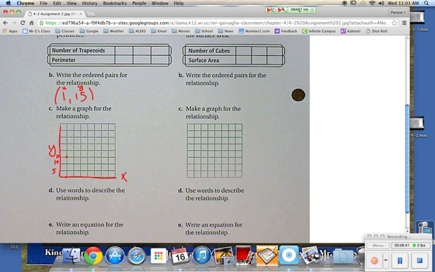Next, I want you to use words to describe the relationship you see here. In other words, if you were going to describe to me what is happening in words, if you're going to talk to me and tell me how to do it, that's what I want you to write in here. And last, I want you to write the equation. I want you to go back and use this.